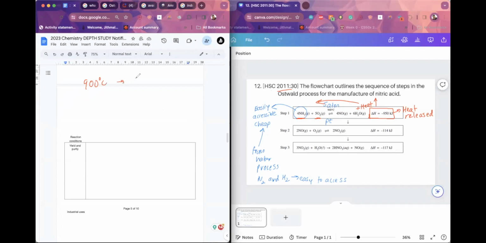The reason being this maximizes the reaction rate. And as we all remember, increasing heat means that you increase the kinetic energy of the particles.